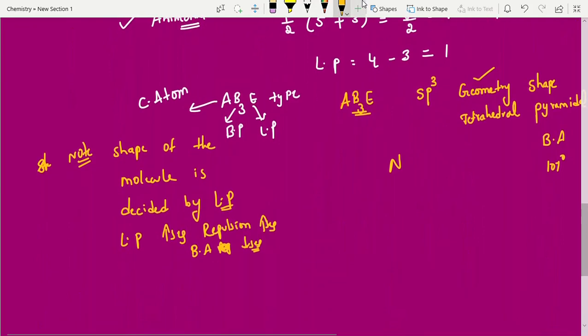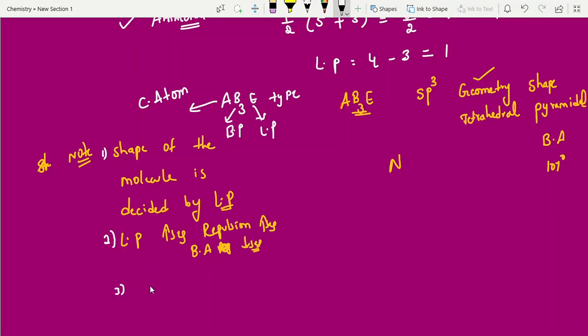Ammonia molecule structure. After calculation using the shortcut, we came to know that around nitrogen we have 4 electron pairs, but 1 is a lone pair. And I'm writing: the shape of the molecule is decided by the lone pair. Second point, lone pair increases, repulsions increase, and bond angle decreases.